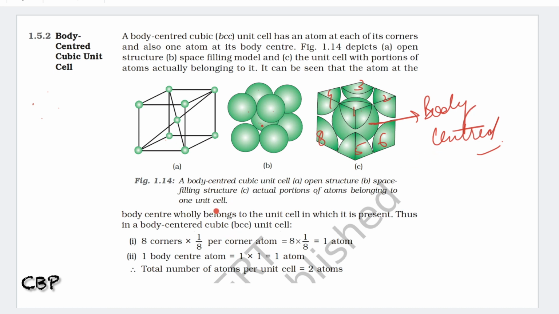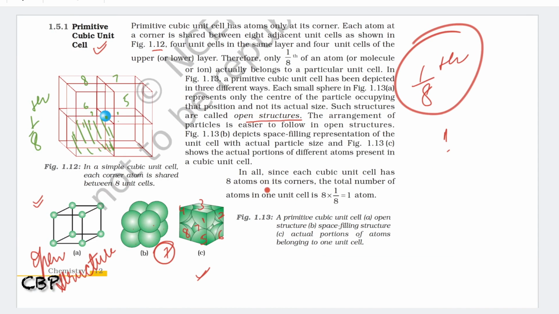Now next, the body centered atom wholly belongs to the unit cell in which it is present. Thus in a body centered cubic BCC unit cell, since each cubic unit cell has 8 atoms at its corners, 8 atoms are present in one unit cell, and the contribution of each is 1/8.